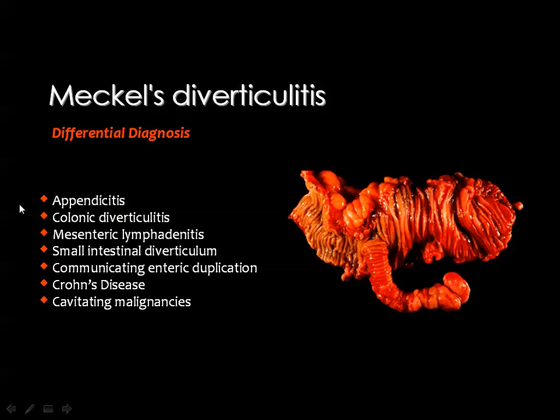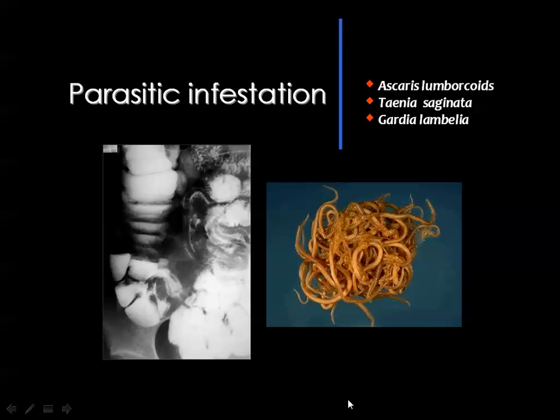Because of the near location of the diverticulum to the site of the appendix, it may be mistaken for appendicitis or even colonic diverticulitis or mesenteric lymphadenitis or a small bowel diverticulum other than Meckel's, or communicating enteric duplication cyst and Crohn's disease and sometimes cavitating malignancies.